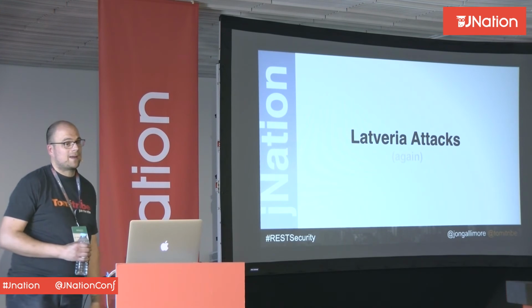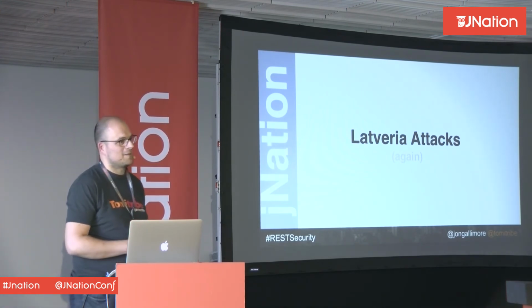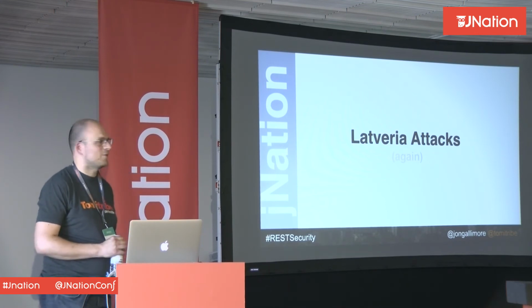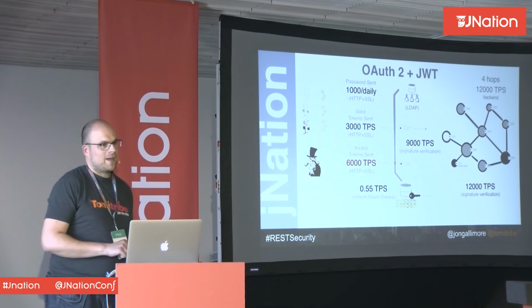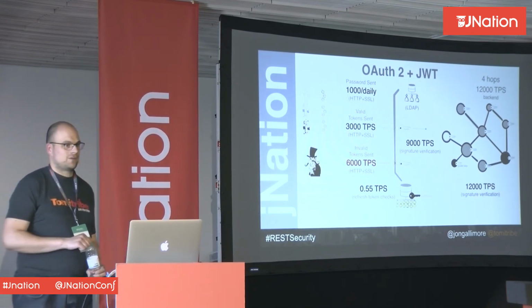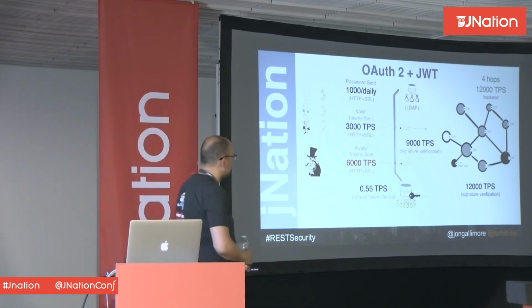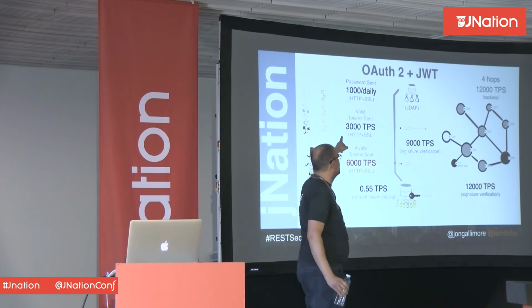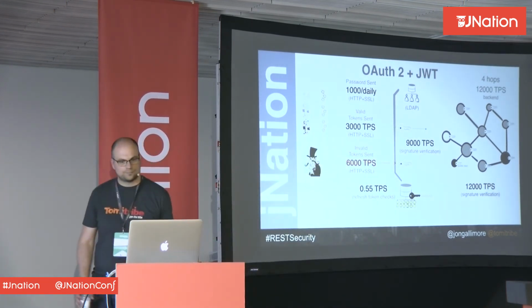So these guys are back. It's nighttime for us and daytime for them, so they've decided to have another go. And this time they're taking a guess at trying to brute force tokens against our gateway. So we have our 3,000 TPS of good traffic from our users here, and another 6,000 TPS of invalid tokens.